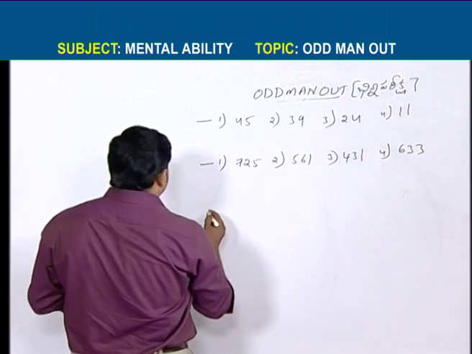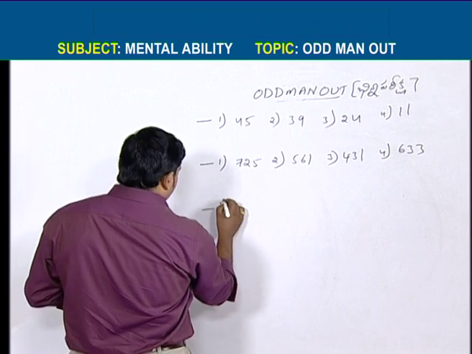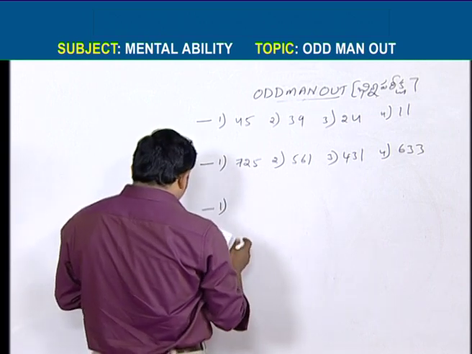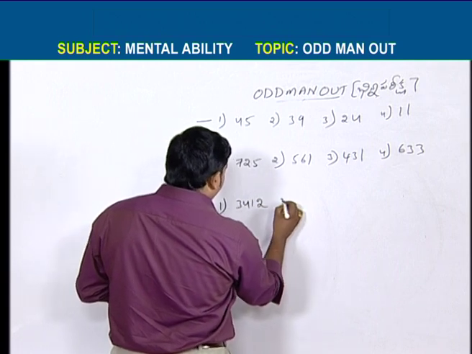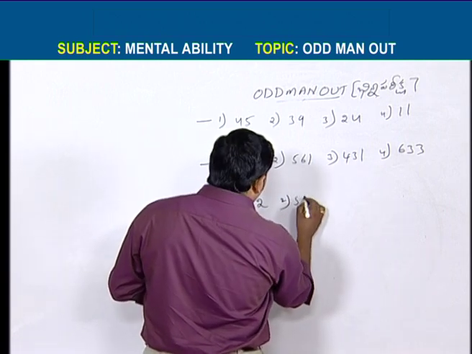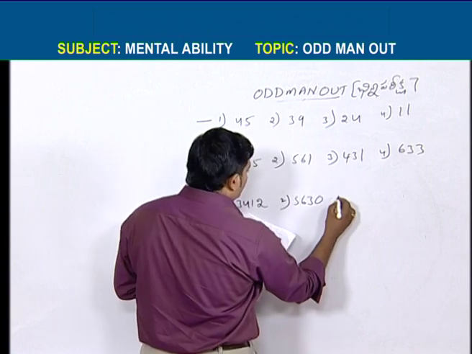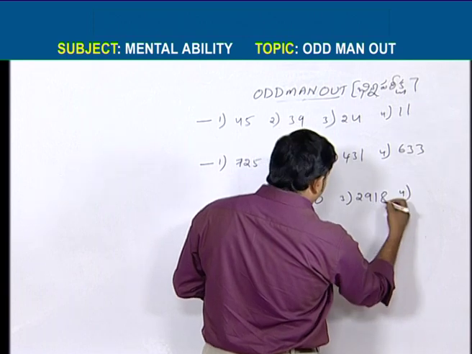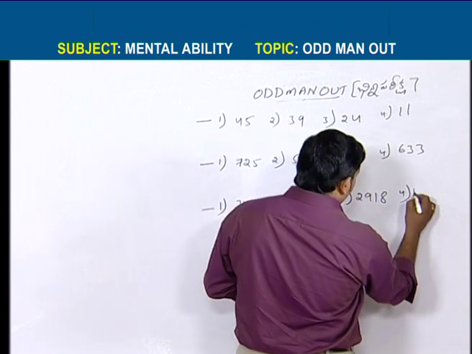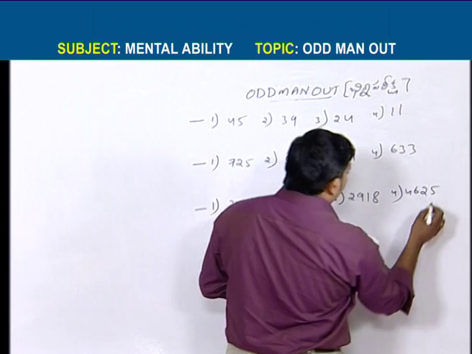Next, first option is 3 4 1 2, second option 5 6 3 0, third one 2 9 1 8, fourth option 4 6 2 5.